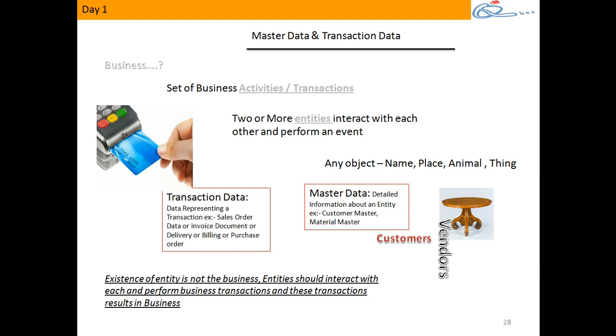Getting the order from the customer is one transaction, issuing a production order is one transaction, checking quality management is one set of transactions, and issuing the goods through delivery is one transaction. If you look at a service company, it could have different transactions. So depending on the type and scale of business, you will have a different variety of transactions. Clear?